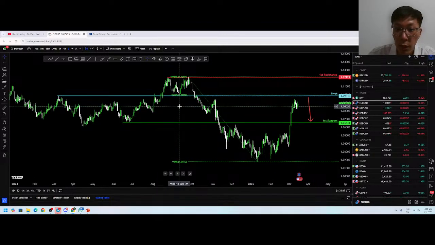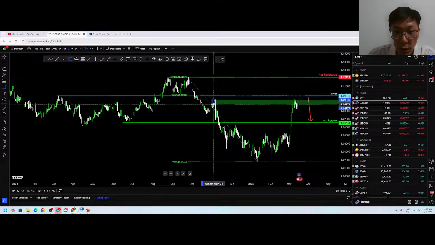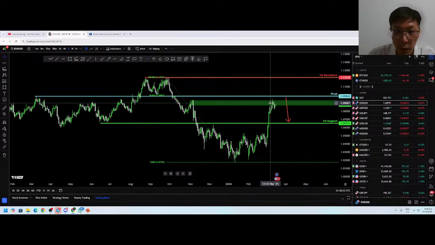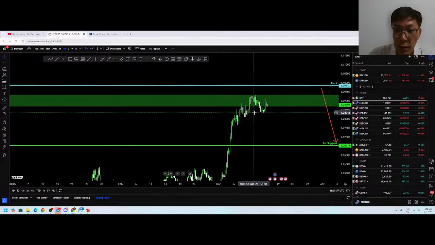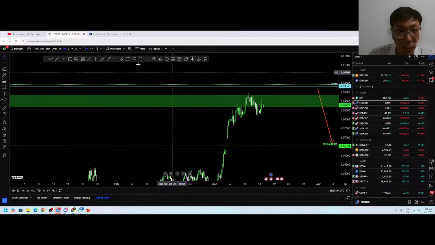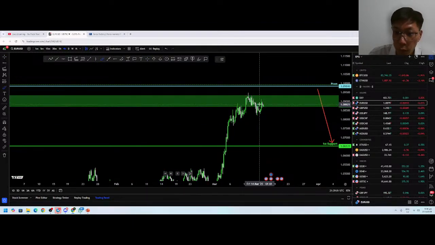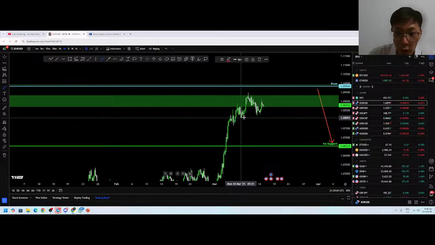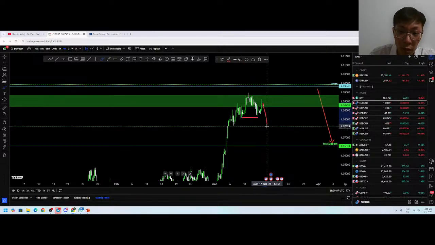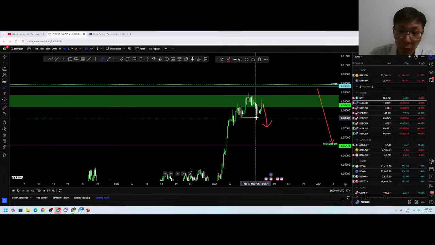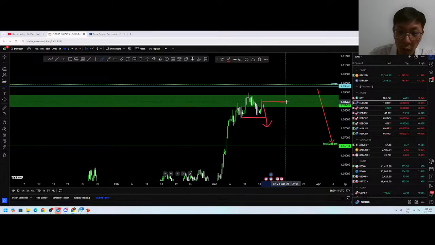This is fine as of now. Because this is a pretty good level of supply, I think if we go to H4, you can see how it reacts to this level. So far it hasn't broken these lows yet, but if it breaks past these lows, then we will have a new H4 supply area right here.